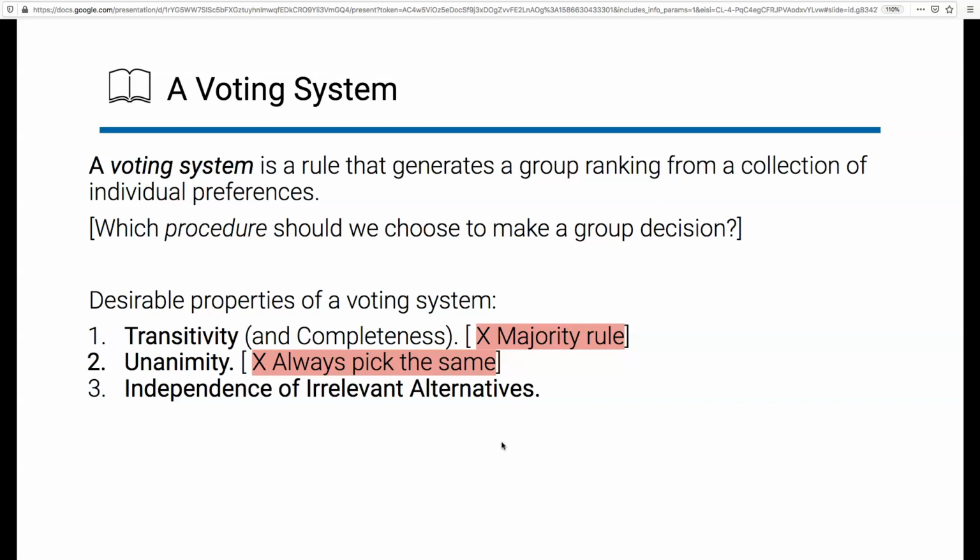And finally, with independence of irrelevant alternatives, in the previous video, I looked at the Borda count, a rule that assigns points to each alternative depending on its order in an individual's ranking. And so that rule violates independence of irrelevant alternatives.